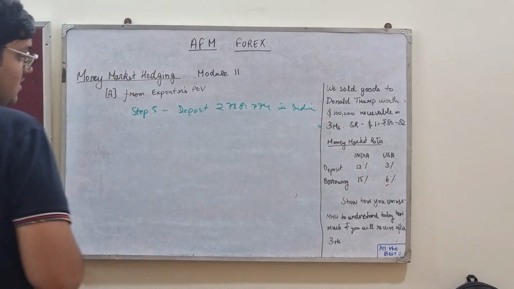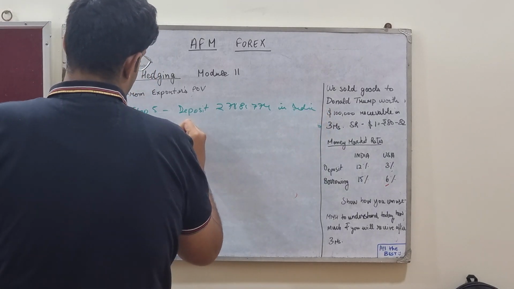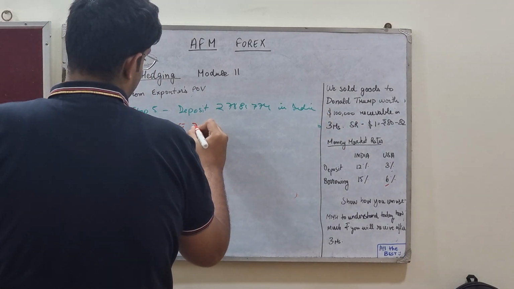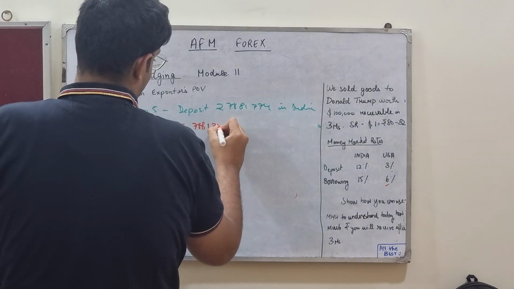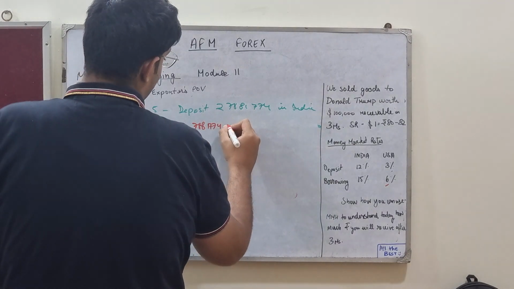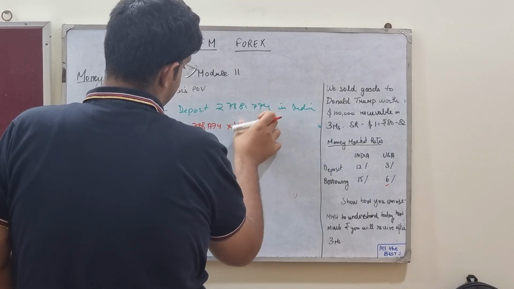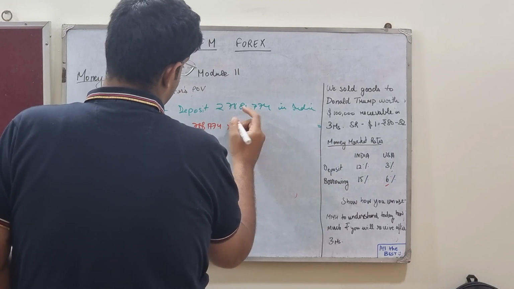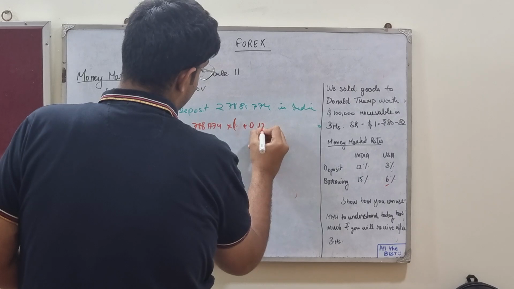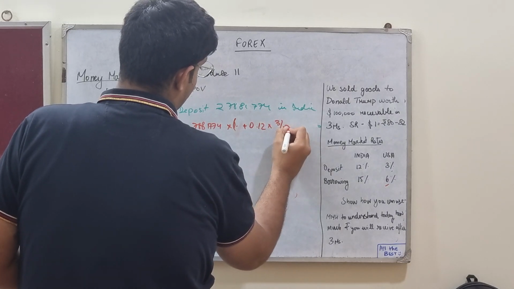So the market value will be 78,81,774 into 1 plus 0.12 into 3 by 12.